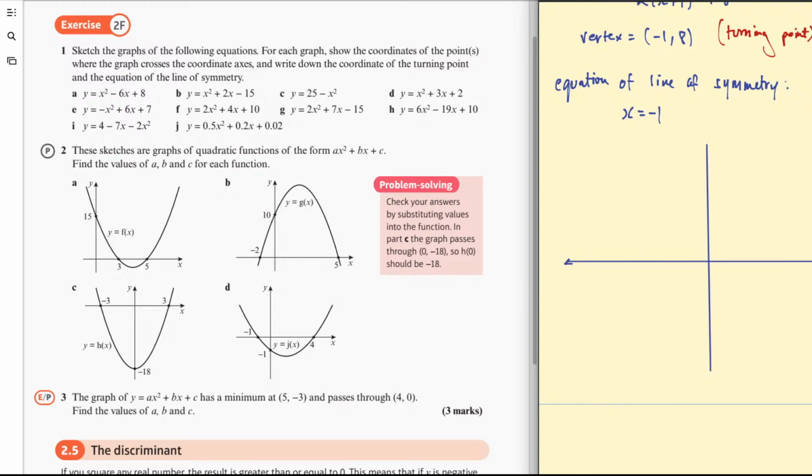This is my x-axis. This is my y-axis. I need to go up to 10, so I'll go up by 2, 2, 4, 6, 8, 10. And across by 1s on the x-axis. So -1, -3.